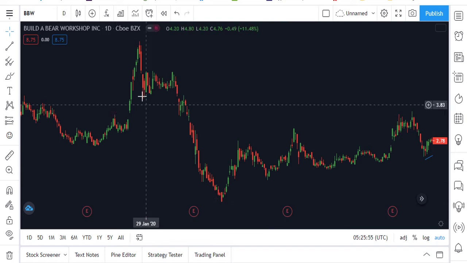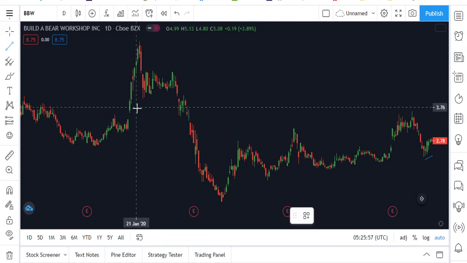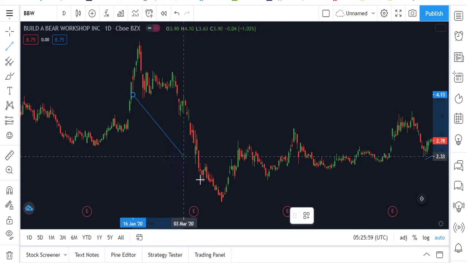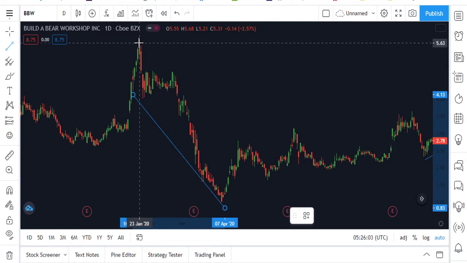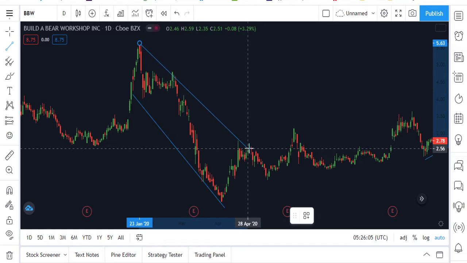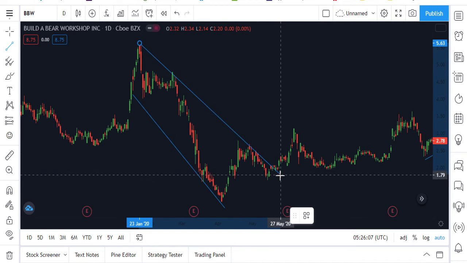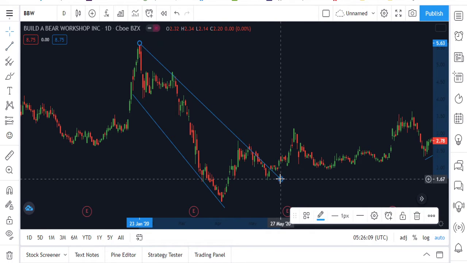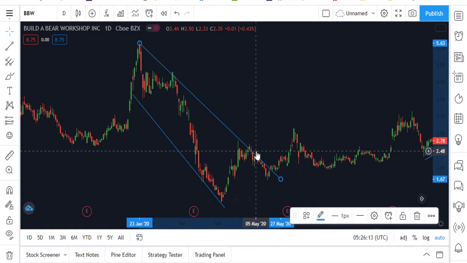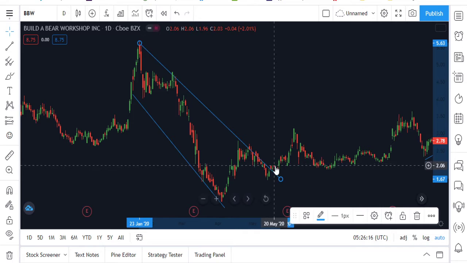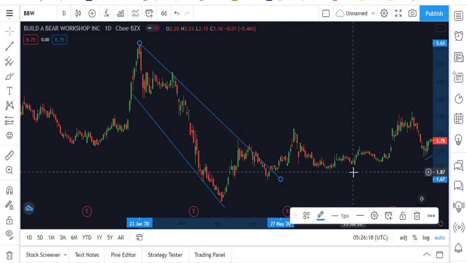March of last year, as you can see right here, it was in a downtrend. So support and resistance there kind of fell out and went up a little bit and broke down.